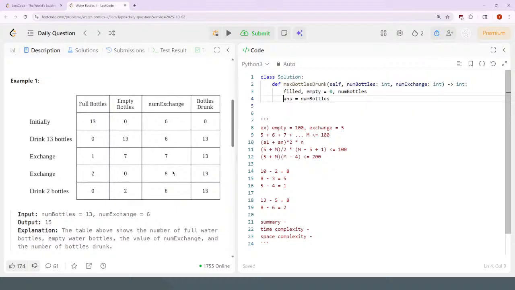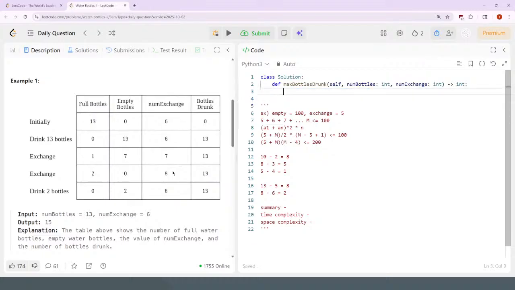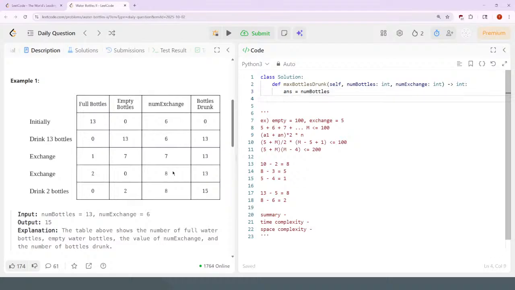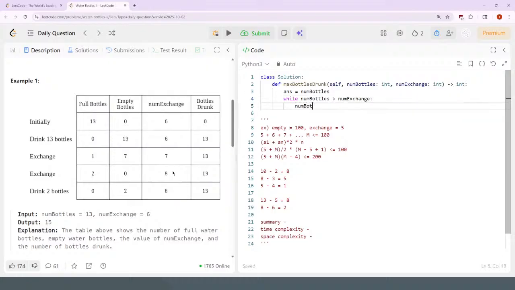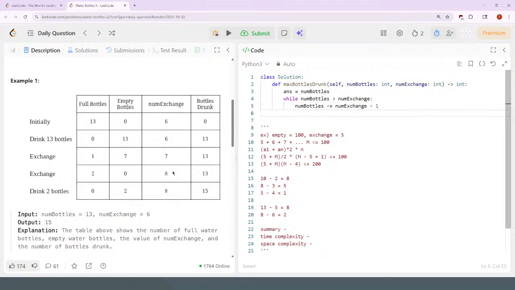I think then maybe I can actually do answer equals num bottles to start with, and then while num bottles is greater than num exchange, num bottles is subtracted by num exchange minus 1, answer increments.